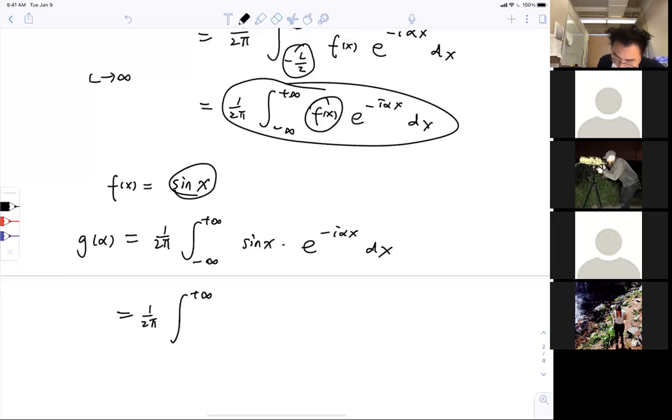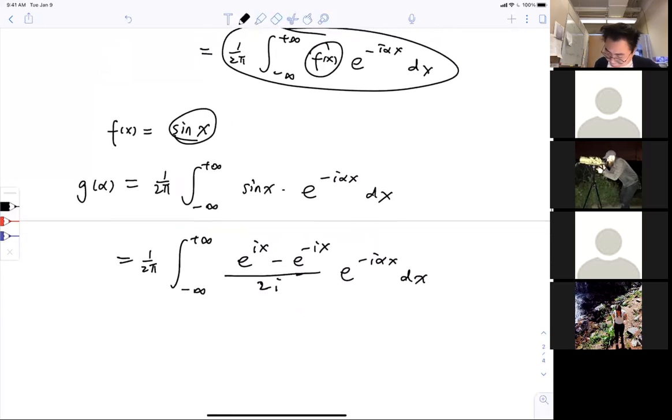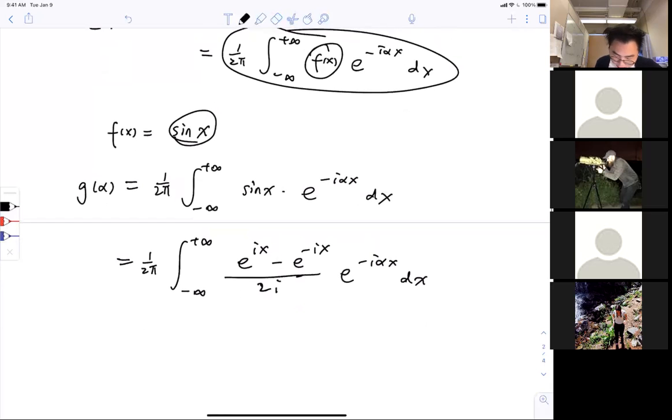This is quite easy. By the way, you should know how to do this kind of integral, which is you write sine x in terms of exponential ix minus exponential minus ix, over 2i. You may think this kind of calculation is trivial, but it turns out it's very, very common in your future classes.